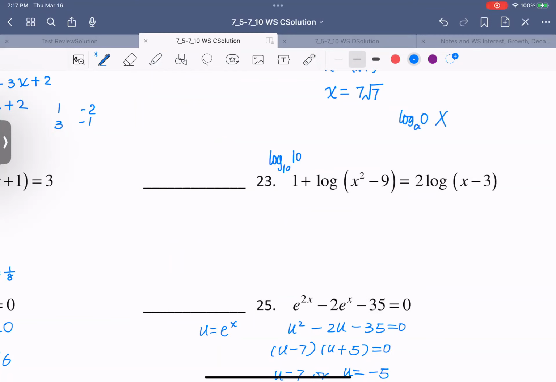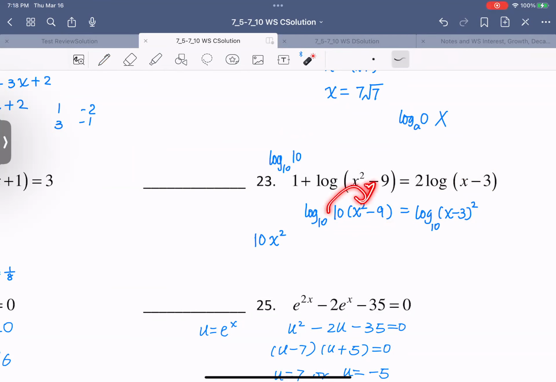They have the same base. You will make the guy here the same. So 10 times x squared minus 90, right? Equals that guy, right? Let's expand this one.